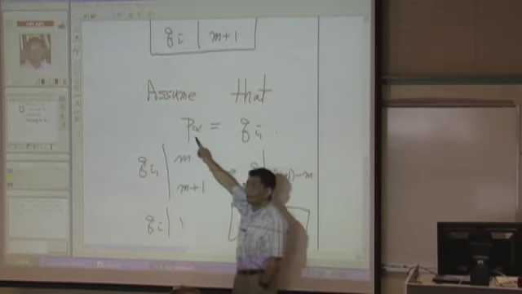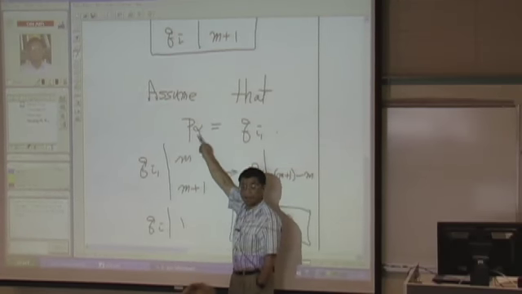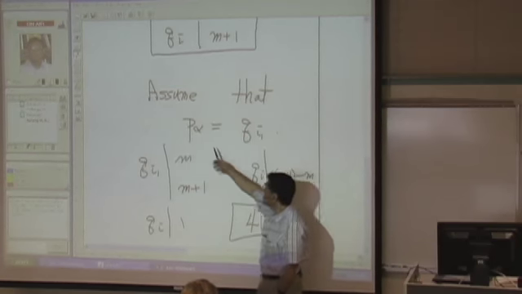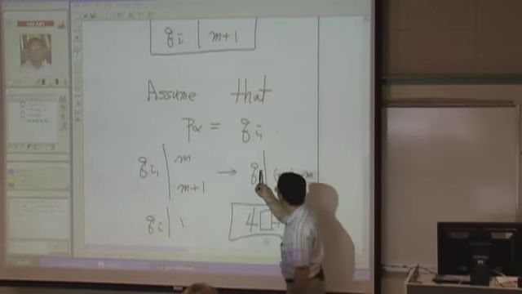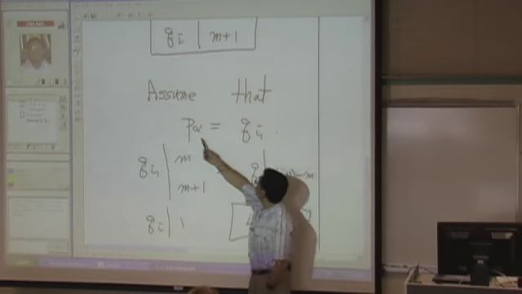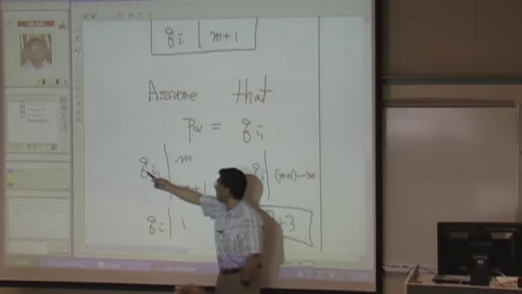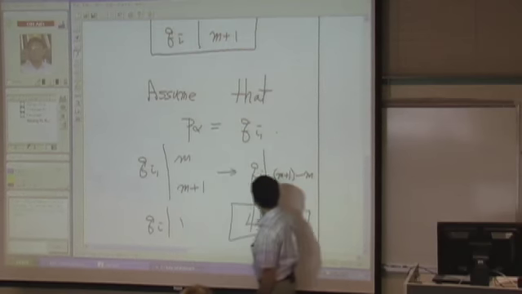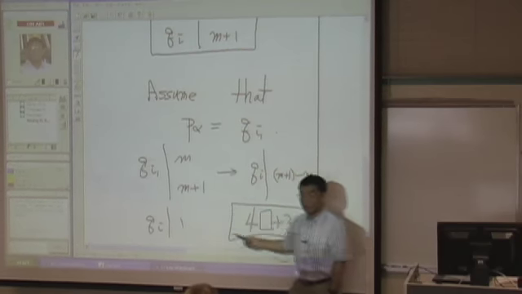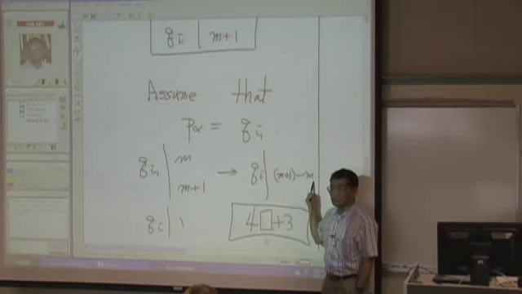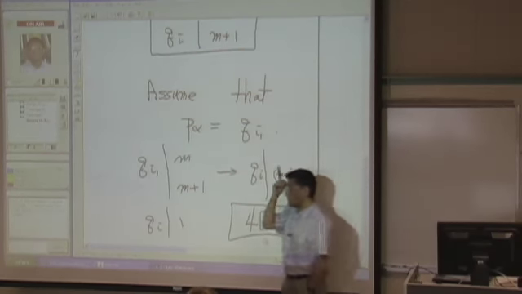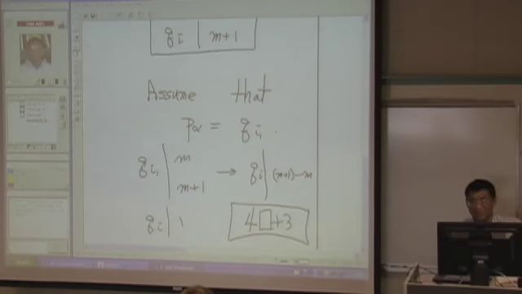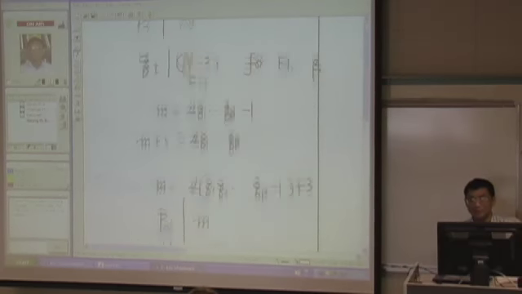Then this P alpha should be one of these, because there are only finitely many. But as you can see, if P alpha and Q sub i are equal, then it divides both numbers. That means it divides 1. In other words, this divides 1. Is it possible? It's impossible, right? So I will pause and wait, and then you can check whether you completely follow this idea or not.